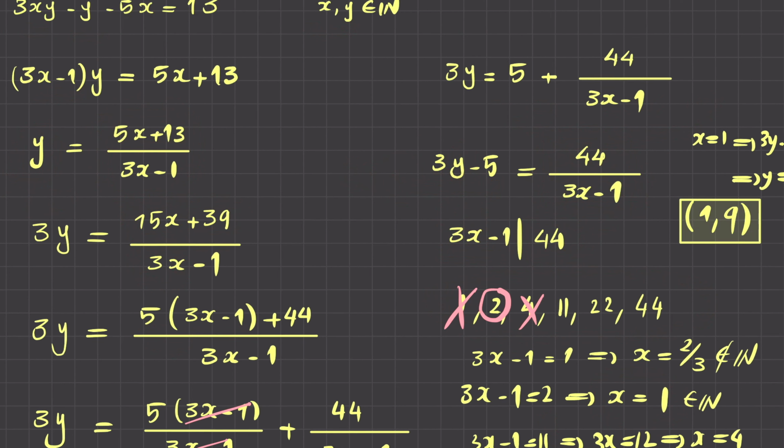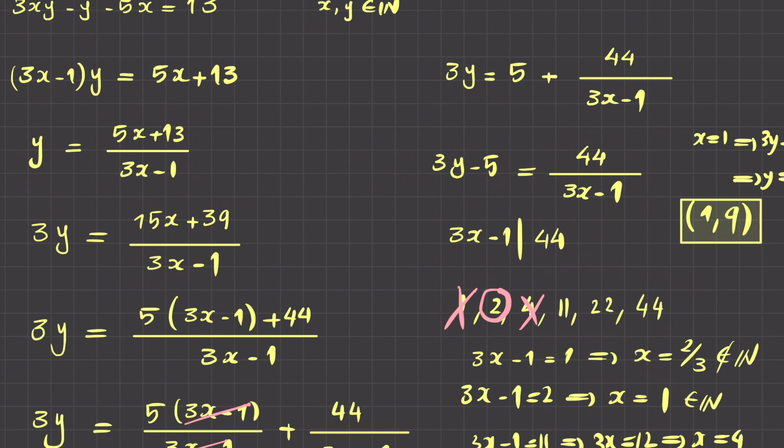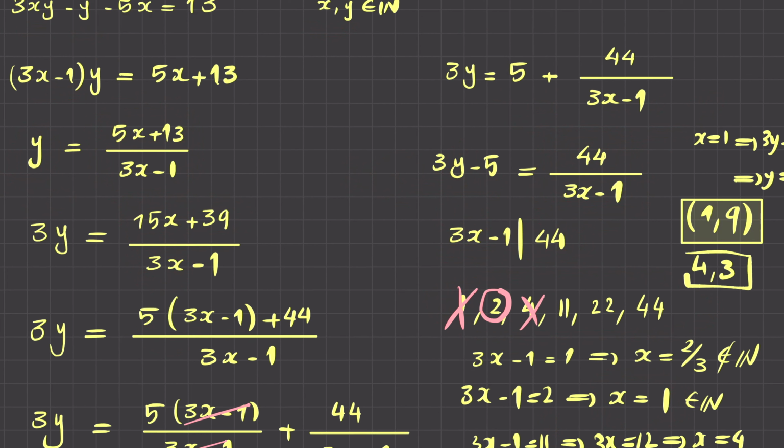But 4, what happens? If x is equal to 4, if I put it here, then this number becomes 11. 44 divided by 11 becomes 4, so 3y minus 5 is 4, so y is 3. Yes, so 4 and 3 is also another solution.